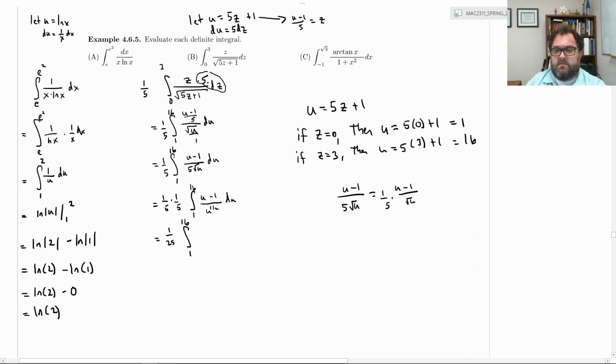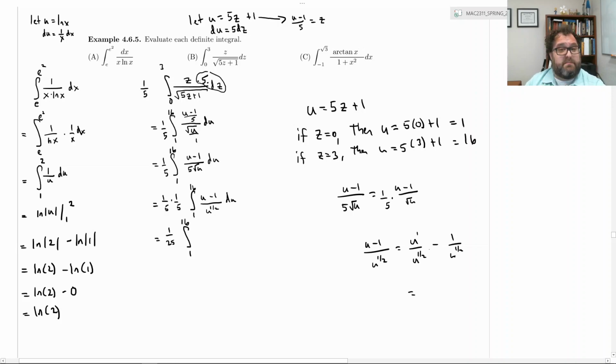Here, let's do this. So I have u minus 1 over u to the 1/2. I can break that apart into two fractions, and that gives me u divided by u to the 1/2 minus 1 over u to the 1/2. Okay, now what about properties of exponents? For this first term, I have u to the first power, it's understood first power, over u to the 1/2.